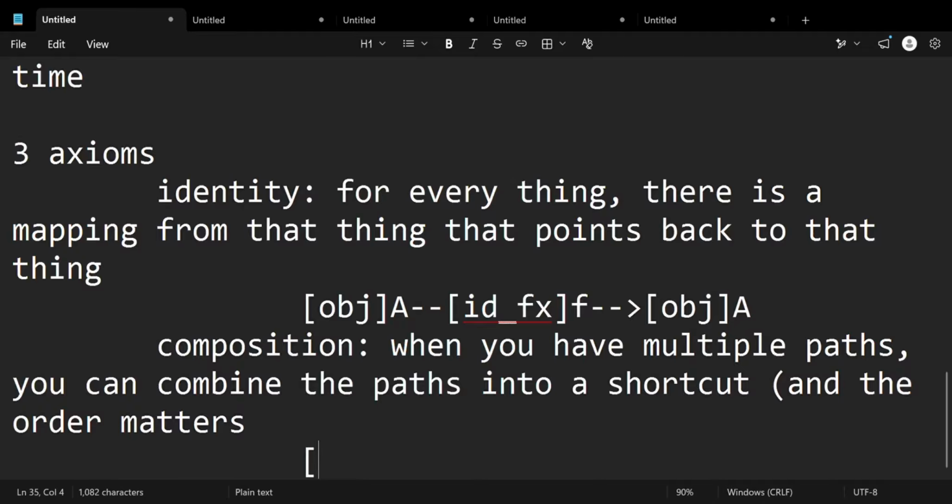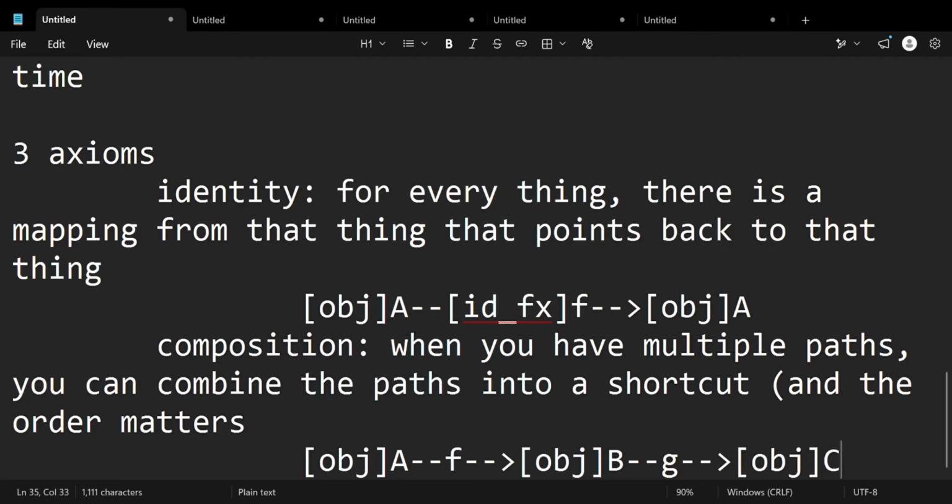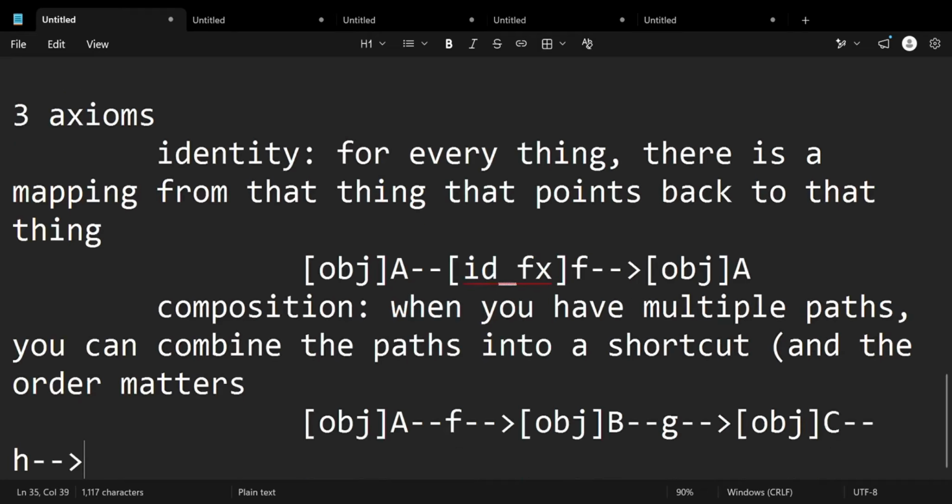Let's say we now have object A leads through F to object B, which then through G leads to object C, and then through H leads to object D, right?